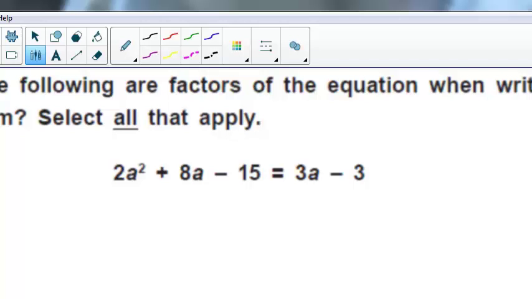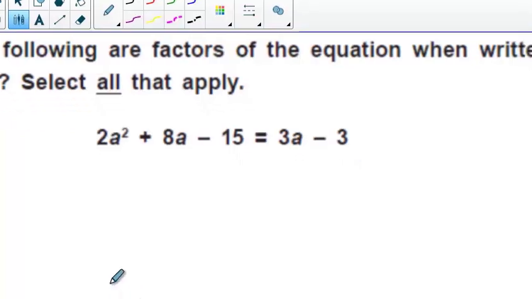How can I set it equal to 0? I can't factor anything yet. I need to set it equal to 0. I need to set one side equal to 0, and that's the right side. How do I get the right side equal to 0?